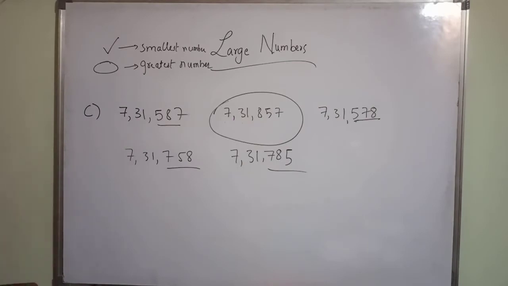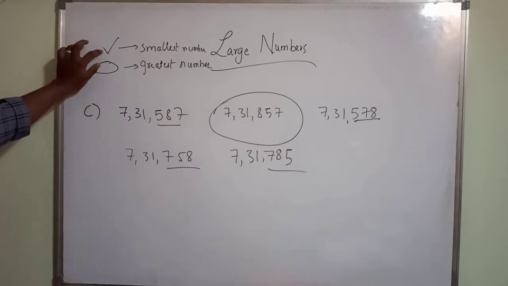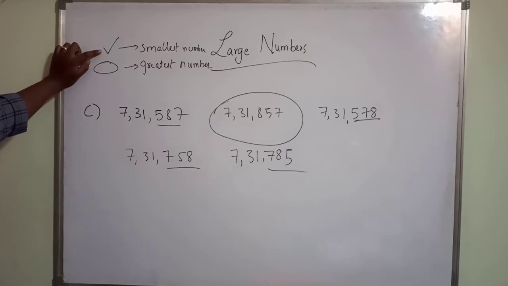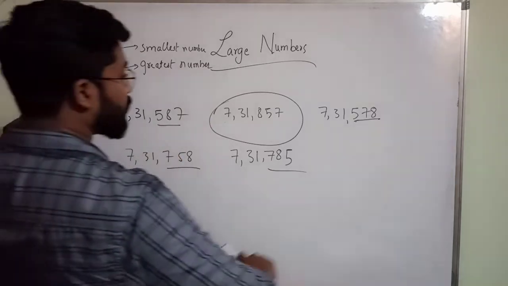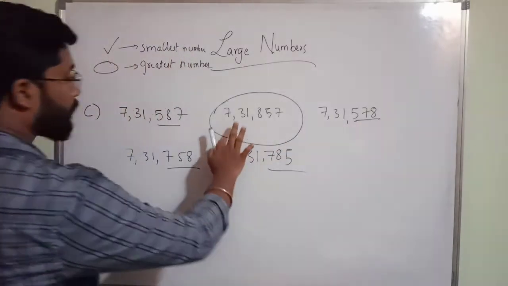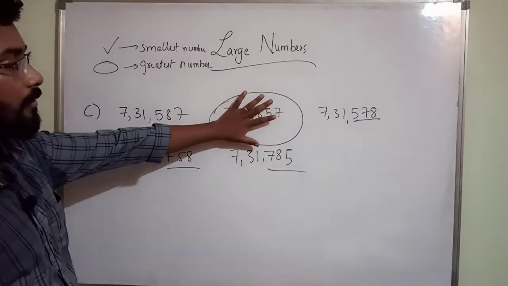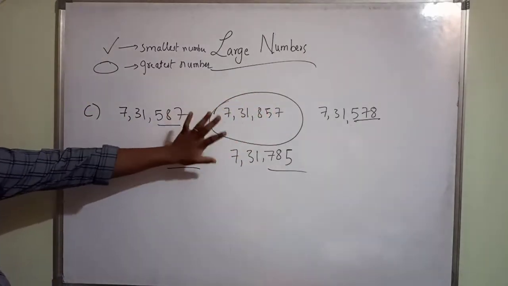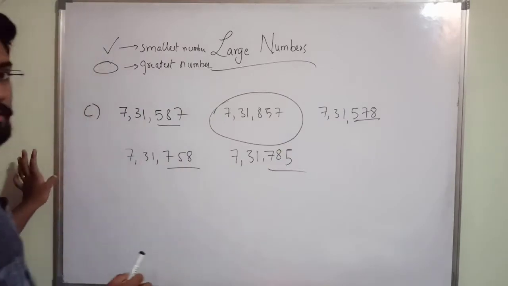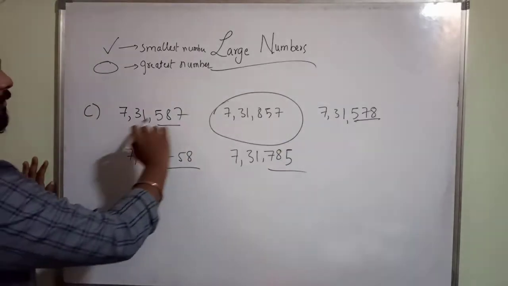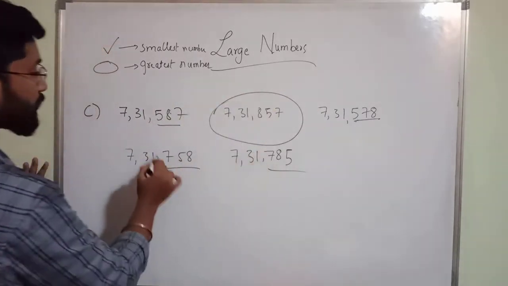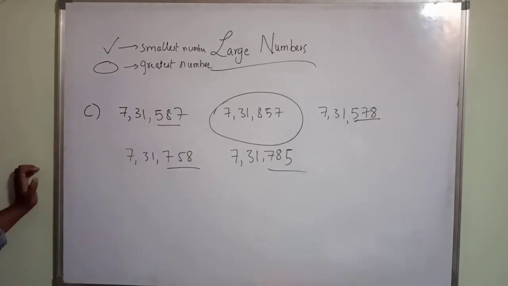Clear? Next, what is the least number, the smallest number? See this, 587, 578, one is completed. Keep this aside and see the 4 numbers only. One is the greatest. See these 1, 2, 3, 4 numbers, and you have to find out the least among these.